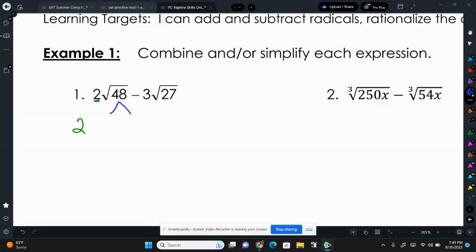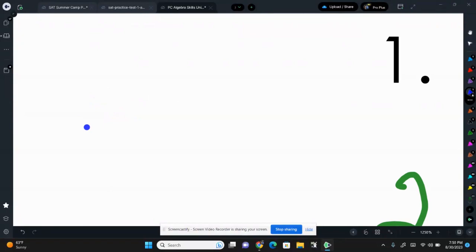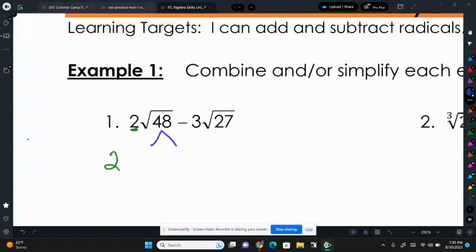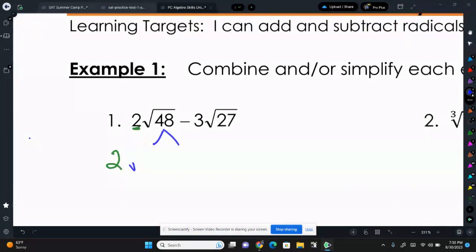Well, is there a bigger number that we could do? And there is. We can do the square root of 16 times the square root of 3. Now, if you didn't see 16 times 3 is equal to 48, you could do 4 and 12, but then you'd have to simplify the square root of 12.